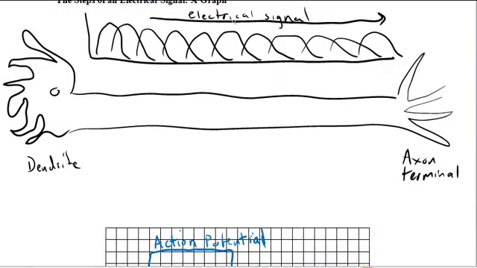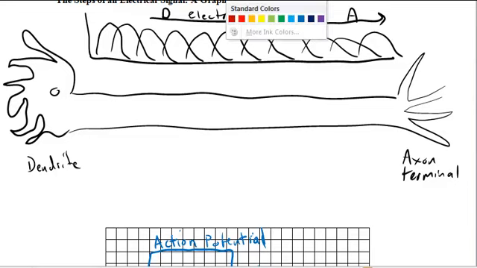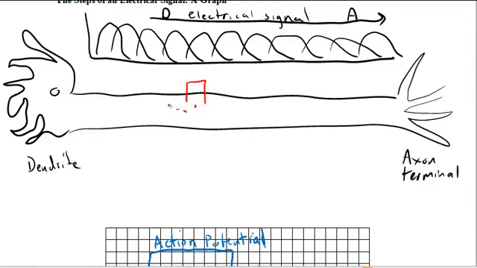Okay, so there's just one question, and that is, I've always shown the electrical signal traveling from dendrite to axon. But at one point I mentioned how when the sodium comes in, it can diffuse in three-dimensional space. It's going to diffuse in all directions.